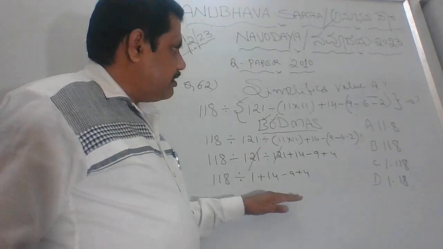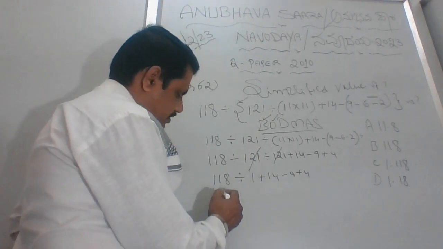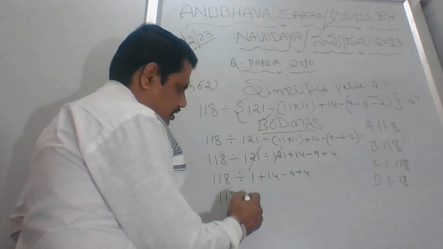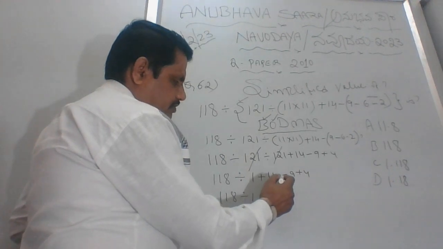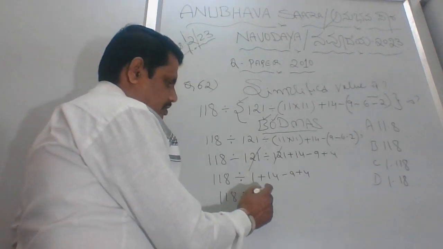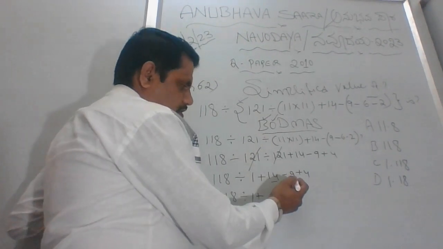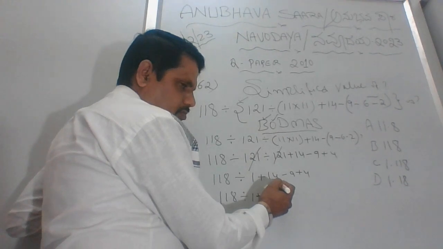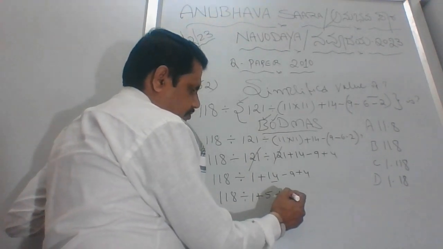So we'll go with the next step. It continues: 118 divided by 1, plus into minus is minus, because the plus is bigger and this is small, so 14 minus 9 is plus 5, plus 4.